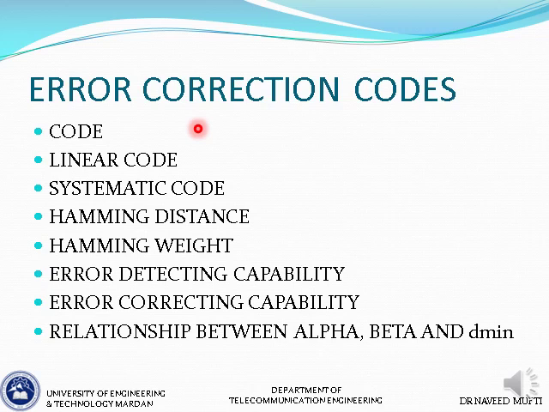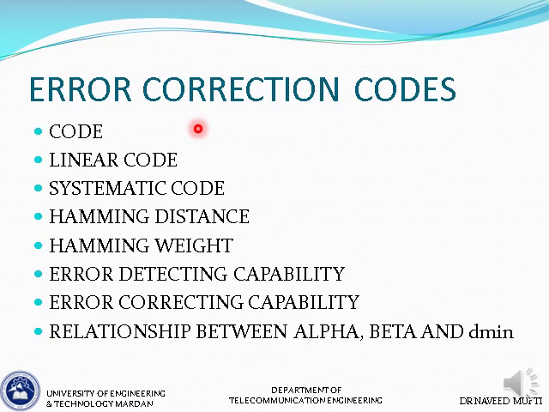So if a code satisfies this property, that is called a systematic code. So what I am trying to say in other words is that in a systematic code, the first k bits of the code word are the data bits, and the last n minus k bits are basically the parity bits, which are formed by the linear combination of the data bits.